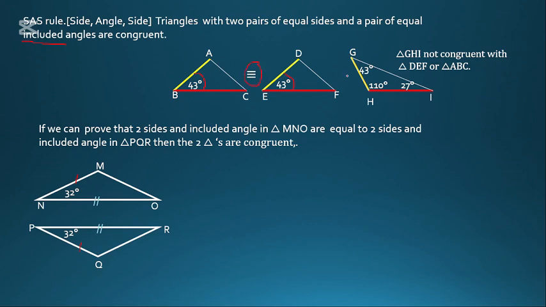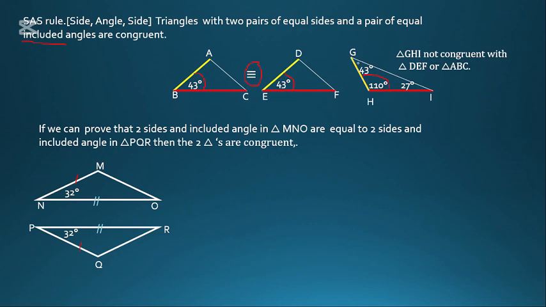Now look at the third one. We also have 2 sides that are equal to those 2 sides in length, right? GH is equal to DE. HI is equal to EF, but this included angle is not the same as these two.